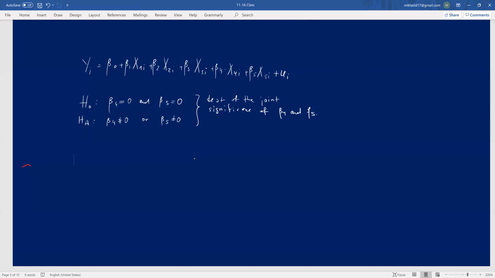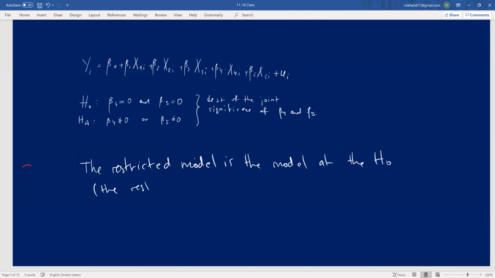So the restricted model is the model at H null. So the restrictions are imposed. Betas are imposed.